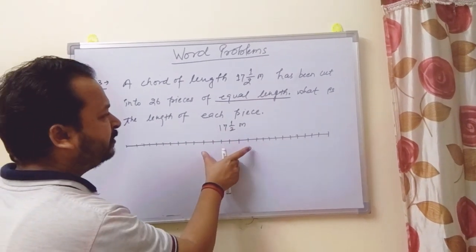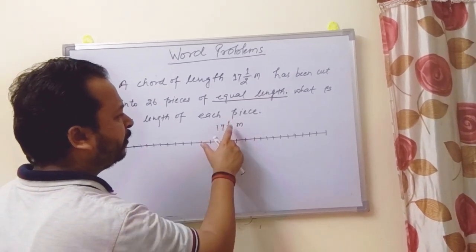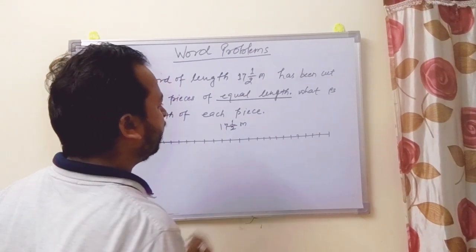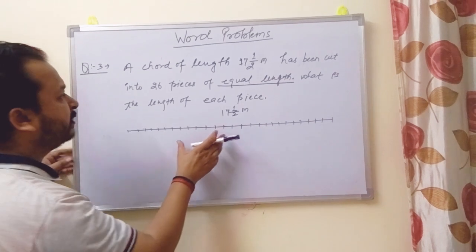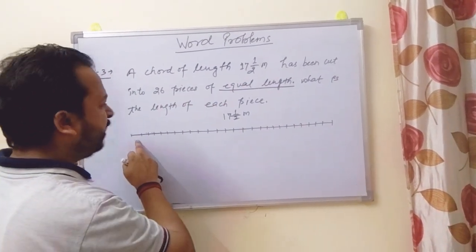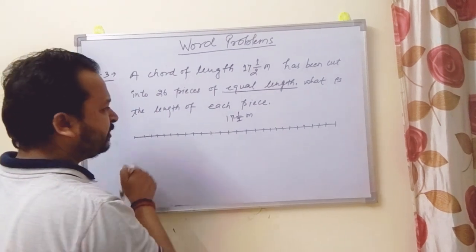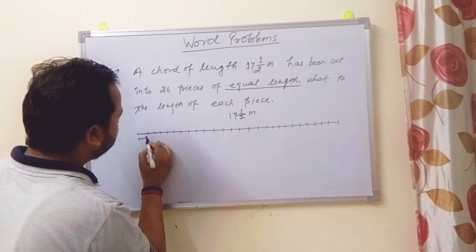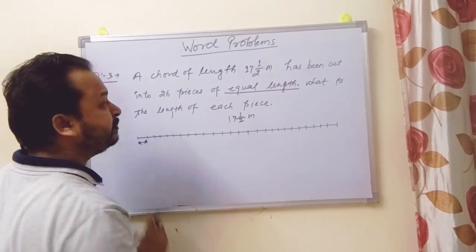So the length of the cord is 17 whole 1 by 2 meters, right? And we have cut it into 26 equal pieces. You have to find out the length of each piece.